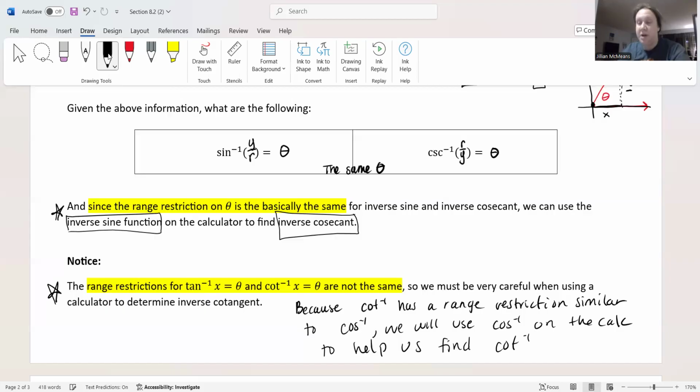Okay, and I know that's really weird for us, but remember, it's all about how we restricted the range, and the range is restricted based on how we initially restricted the domain of the standard trig function so that we can build these inverse trig functions, okay?